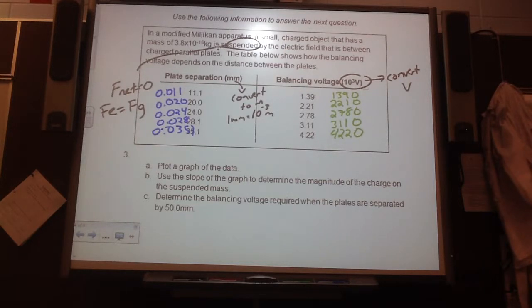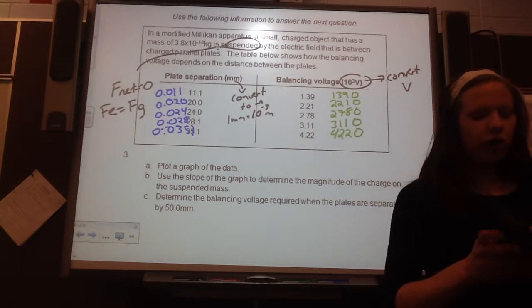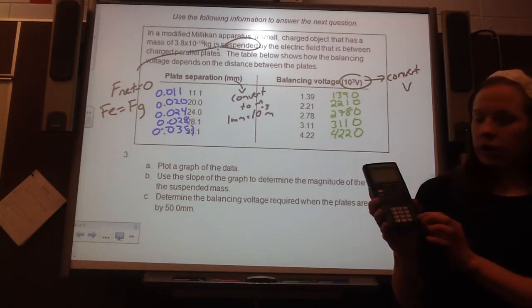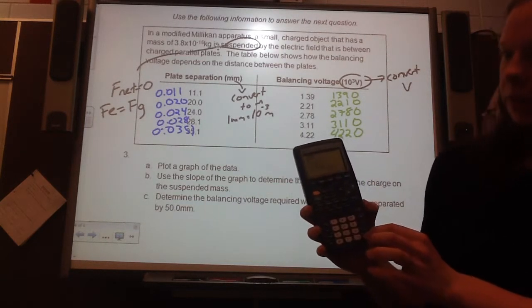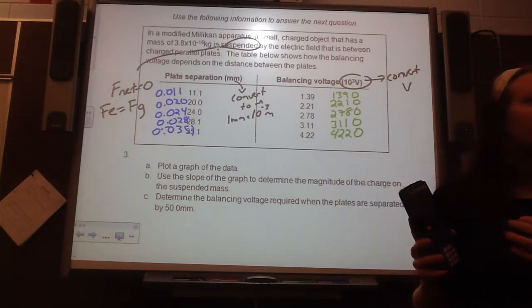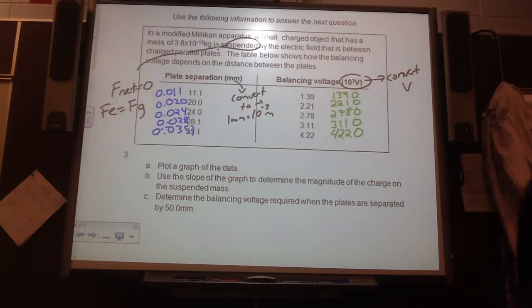And then to plot this data, you go to your stat or your list, and you click the number 1 on edit. And then you're given line 1 and line 2. Generally it's best to put your x in line 1 and your y in line 2.